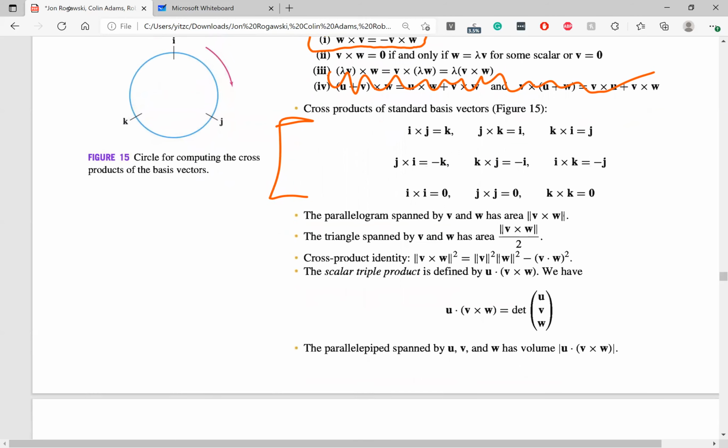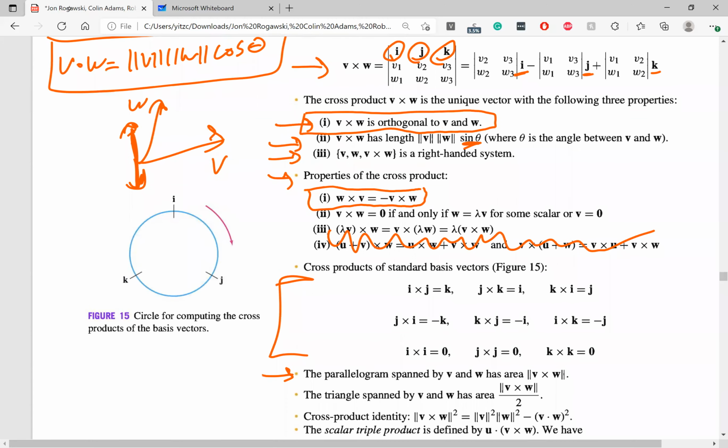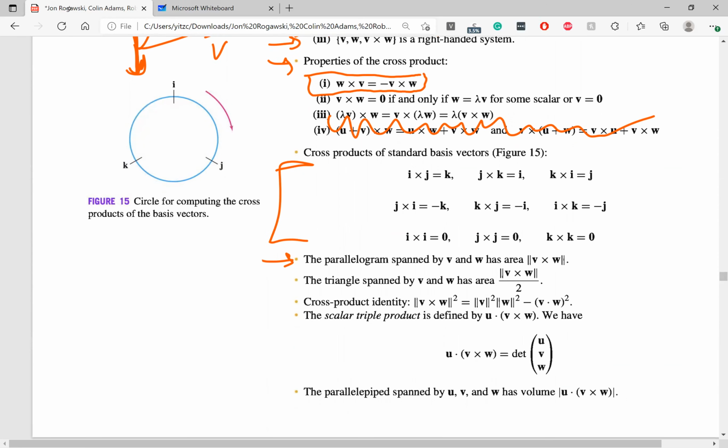And then, like we said, cross products are used to find the area of a parallelogram spanned by V and W. So I would say that this is, after the fact that V cross W is perpendicular, the second most important property about a cross product: it can be used to find the area of parallelograms, or it can be used to find the area of triangles.